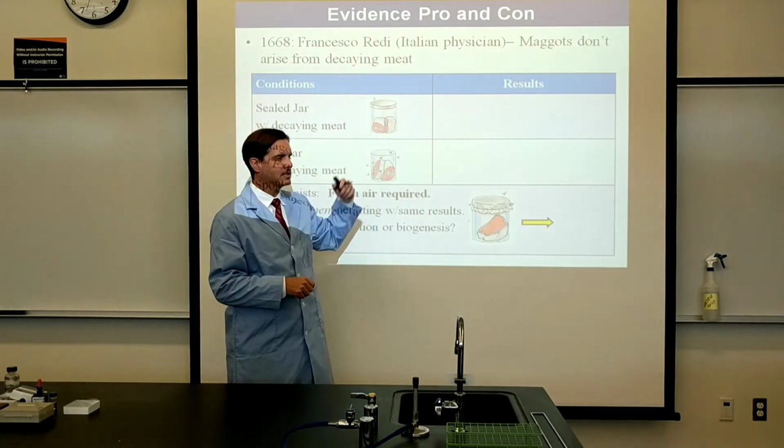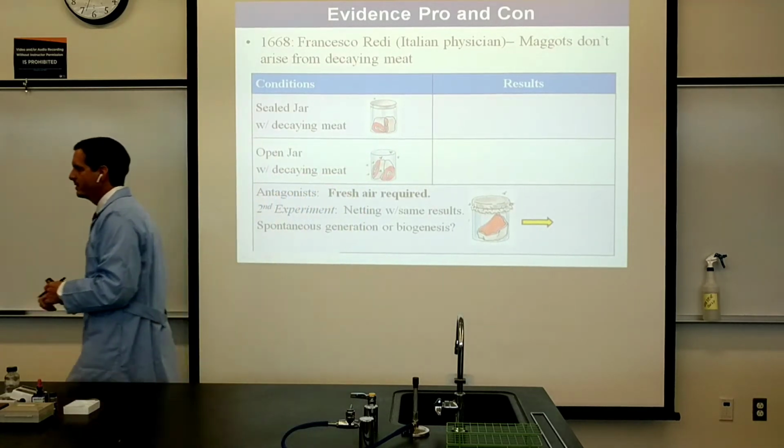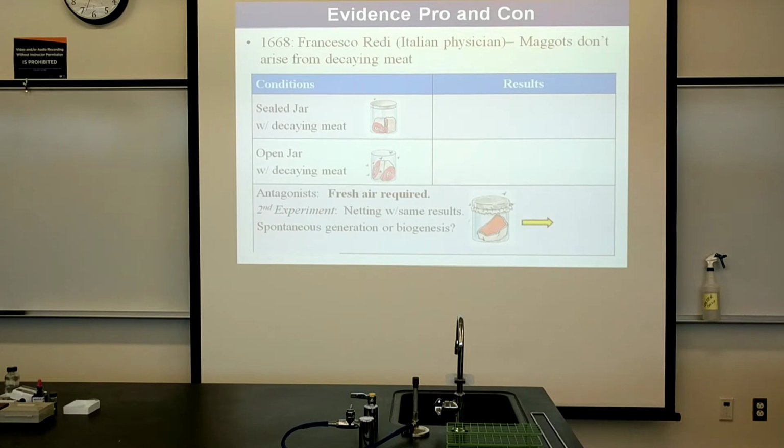He was not looking for bacteria. This was not part of his experiment. Bacteria weren't obvious, and it was before the microscope. But by simply preventing the flies from getting to the meat, no maggots. Okay.